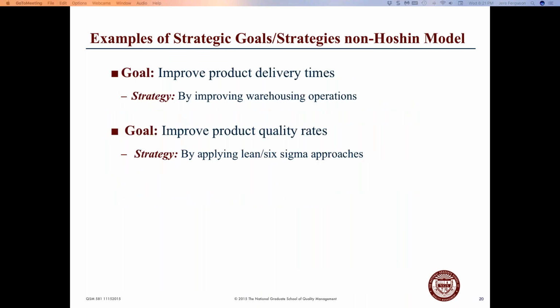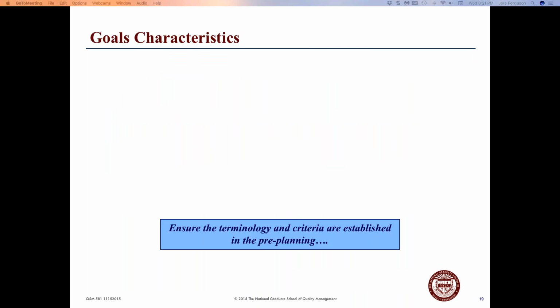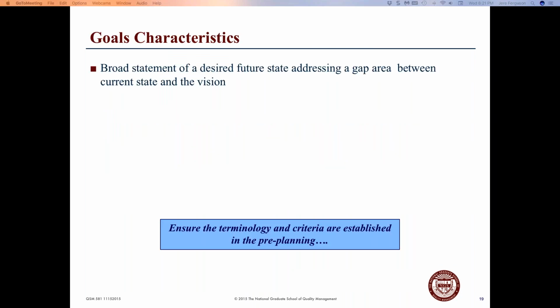The goals are broad statements of desired future state addressing a gap area between the current and future state. So the goal is an area of concern that management believes they need to address to close that gap.